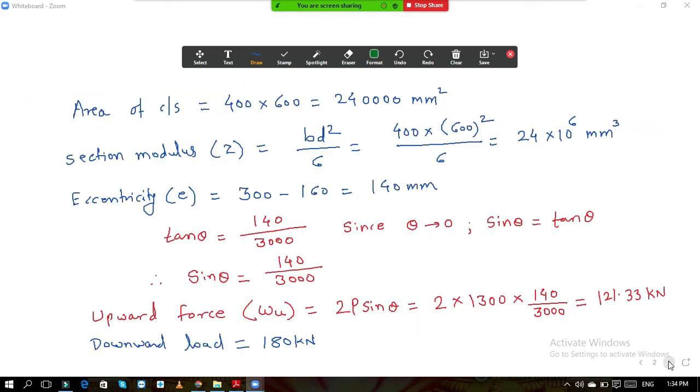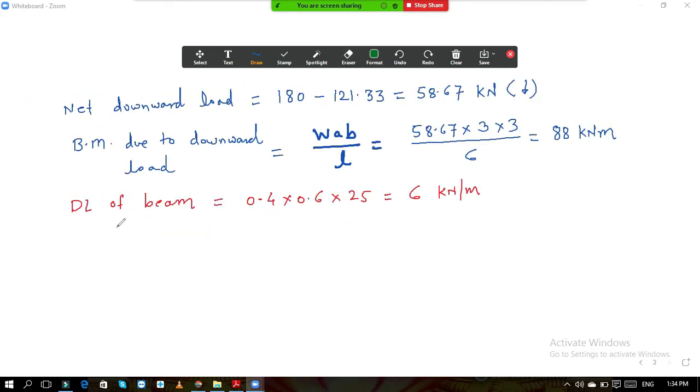So you can calculate the bending moment due to dead load now, which is W L square divided by 8. So it is 6 into 6 square divided by 8, which is 27 kilonewton meter.